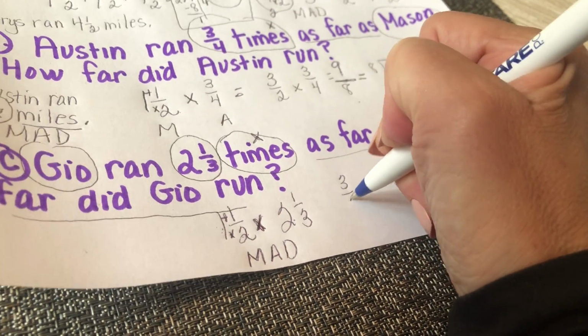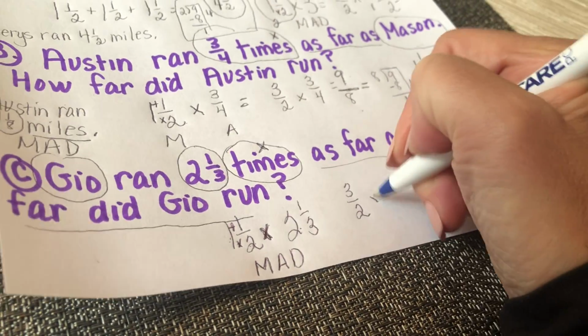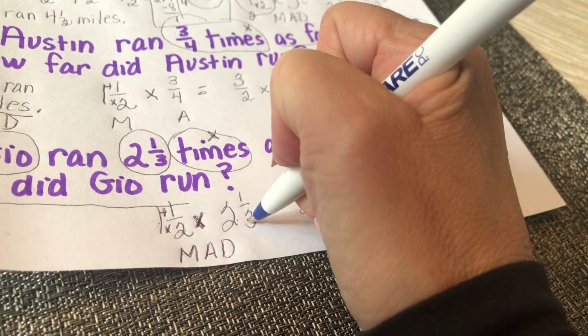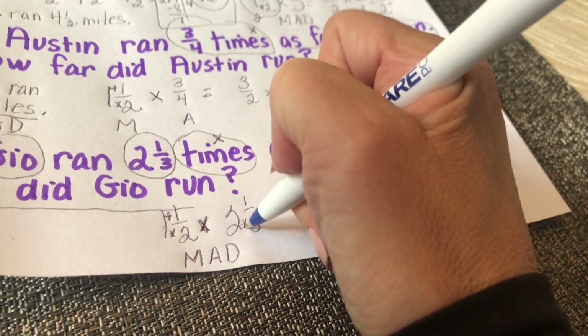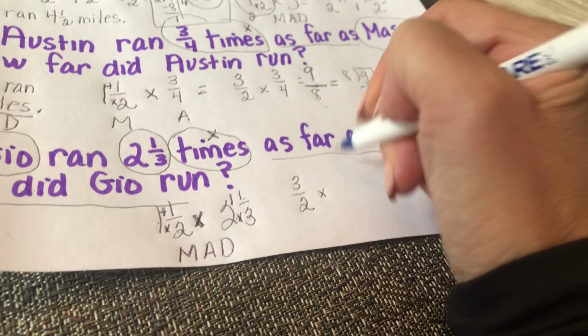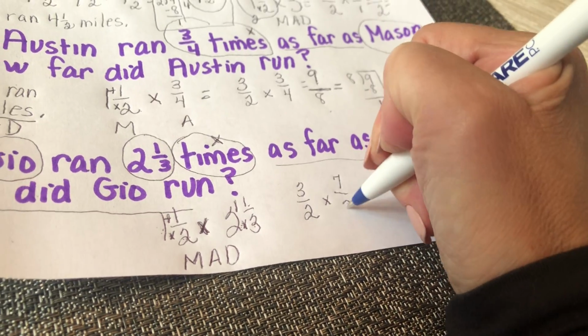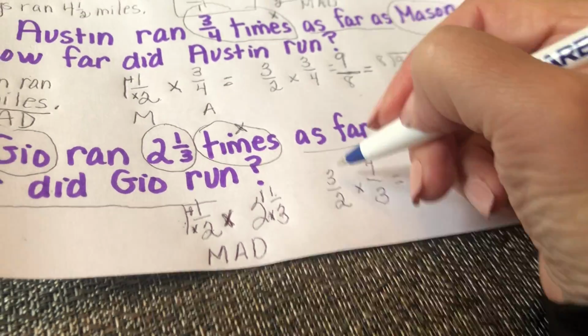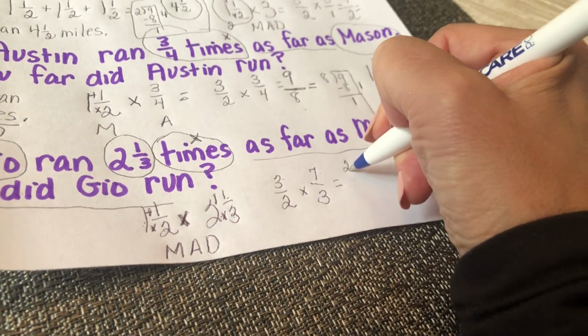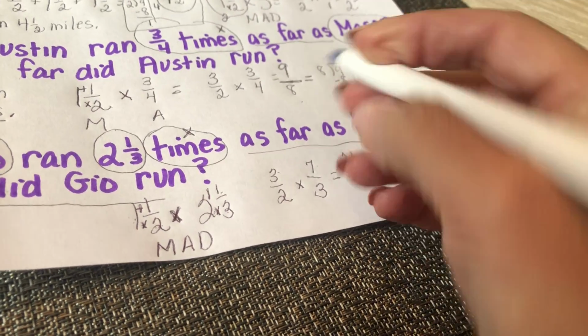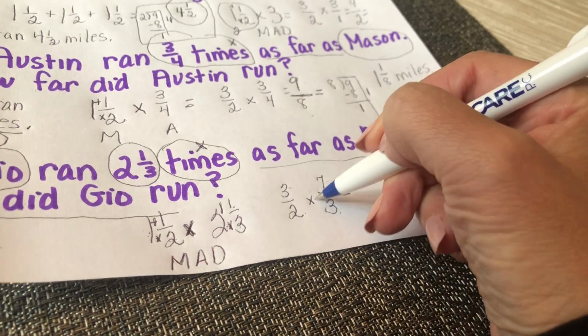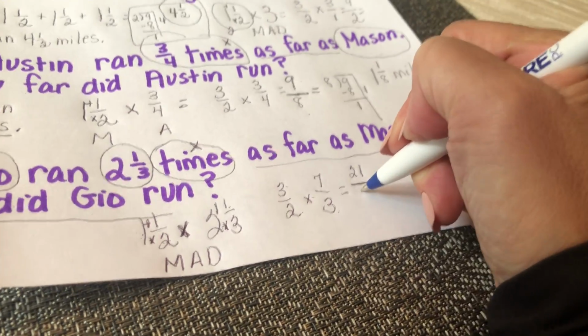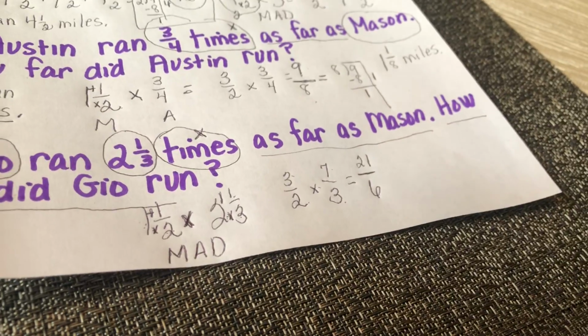So we have 3 halves multiplied by 3 times 2 is 6, plus 1 is 7. So we have 7 thirds. When we multiply our numerators, we have 3 times 7, which is 21, divided by 2 times 3, and you know that's going to be 6.